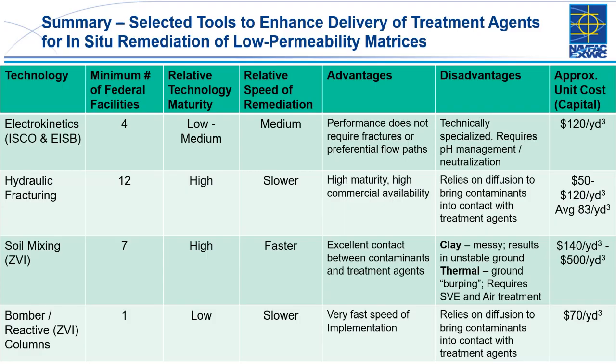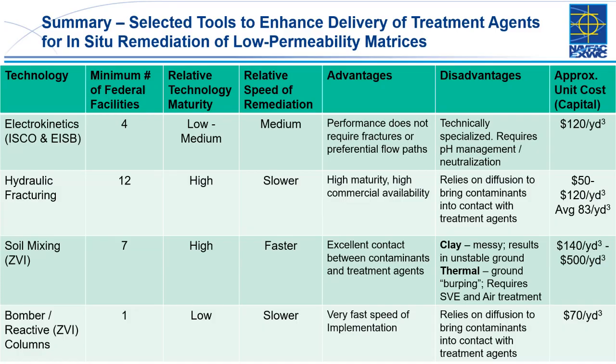Moving to hydraulic fracturing, it is probably one of the most mature of the options presented today, but I'd say it has a low speed of remediation compared to the other options, probably one of the slower acting. Again, the advantages are high maturity and high commercial availability.